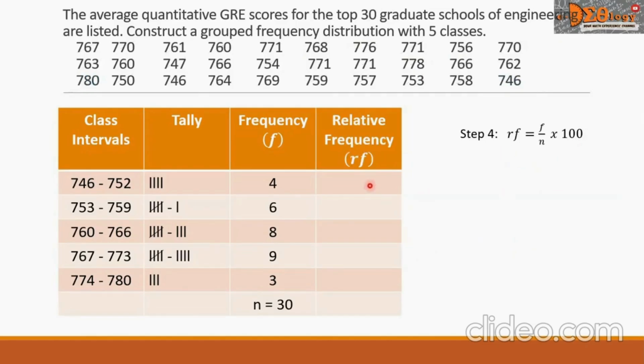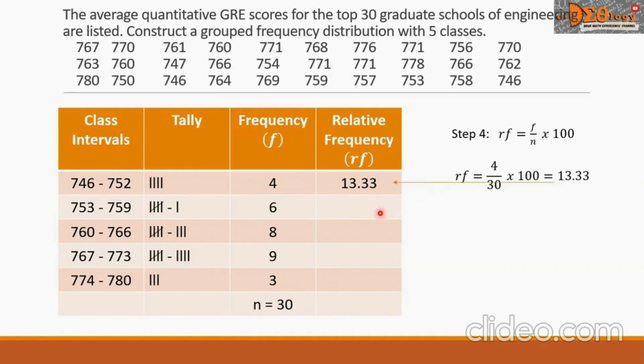For the first blank, we use the frequency of the first class interval, which is 4, divided by the total number of frequency, which is N, the 30. So we have 4 over 30 times 100, and the answer is 13.33. This value we will put on this blank. And there we go.